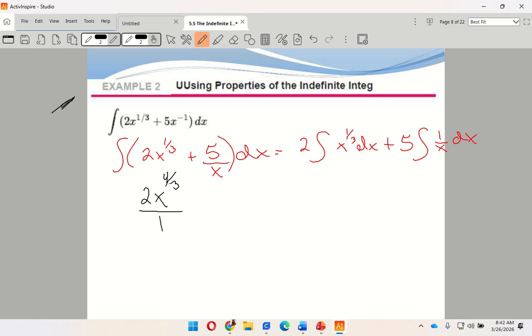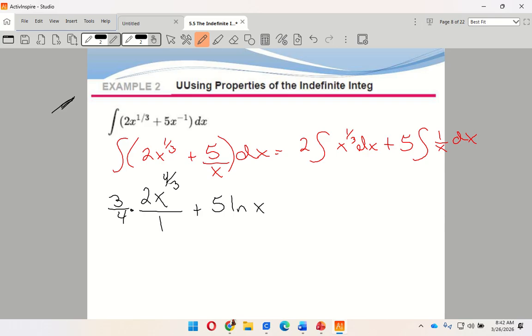Divide by 4/3, but divided by 4/3, same as multiplying by? There you go, multiplied by 3/4 is the same. Plus, okay, 1 over x. Very good. ln of x.